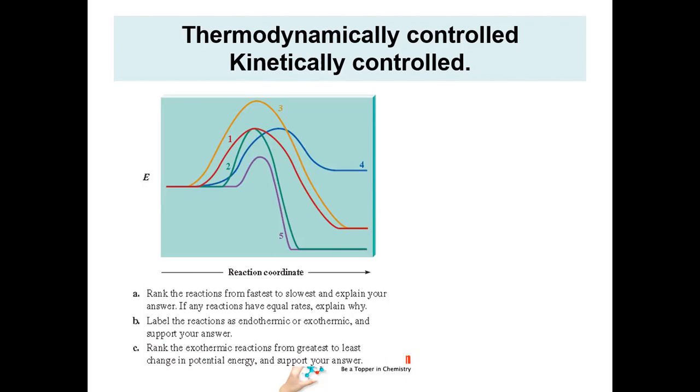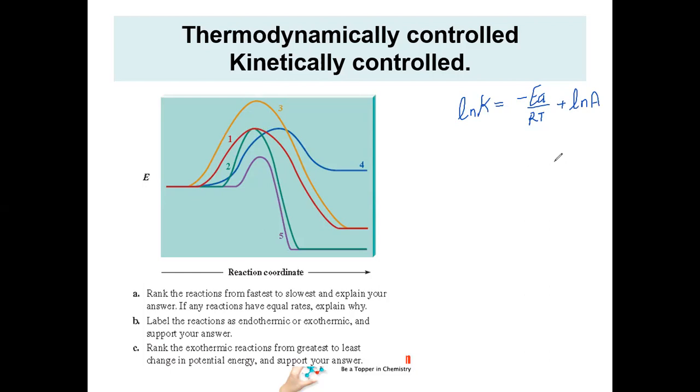There was an equation we did in kinetics, the Arrhenius equation: ln K is minus Ea over RT plus ln A.